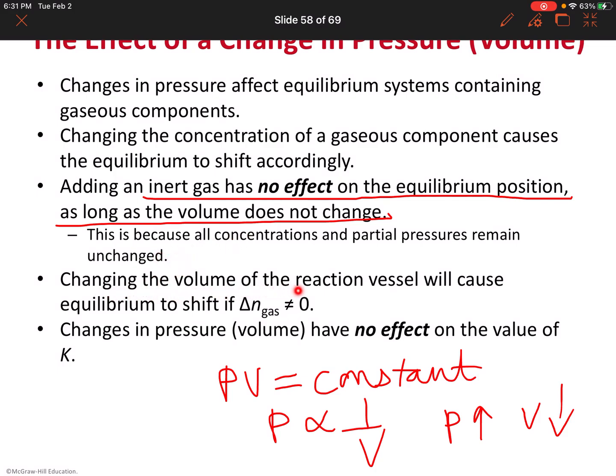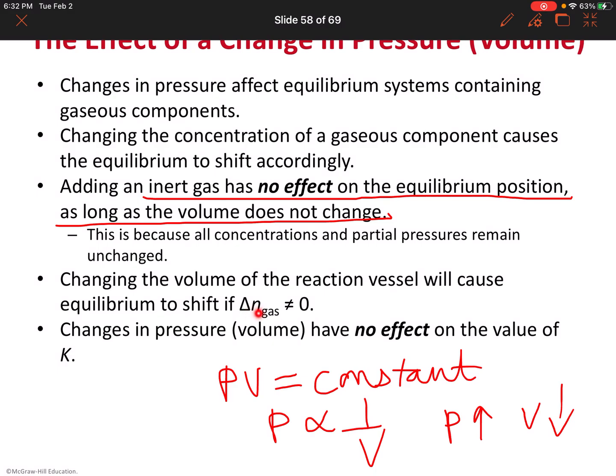Change in the volume of the reaction vessel will cause equilibrium to shift. If you change the volume of the reaction vessel, that will make our reaction equilibrium shift if the change in the number of moles is not equal to 0. Going from products to reactants or reactants to products, if you have a difference in the number of moles of gases, then we will see equilibrium shift.